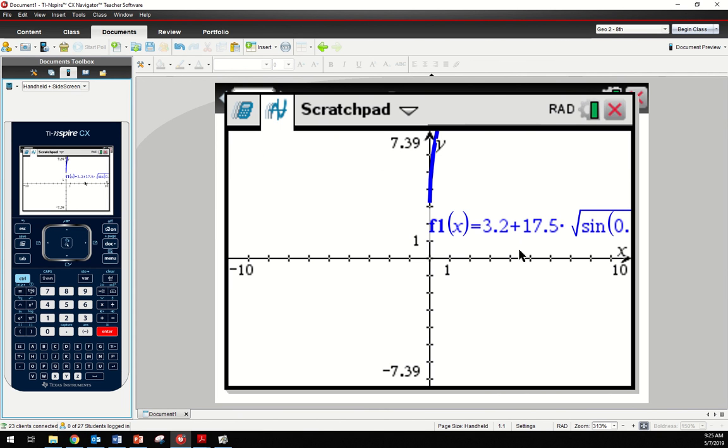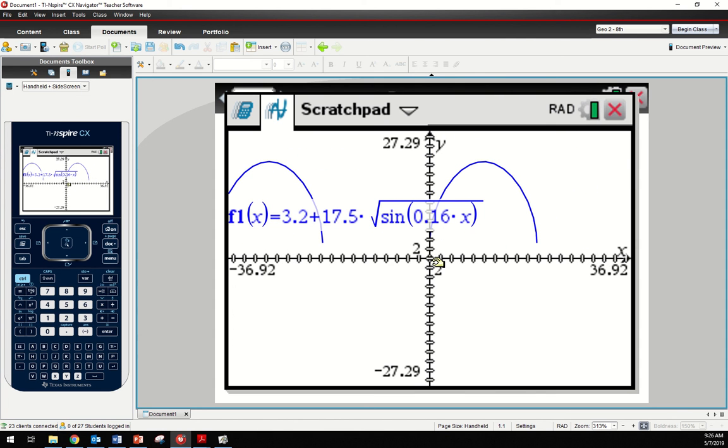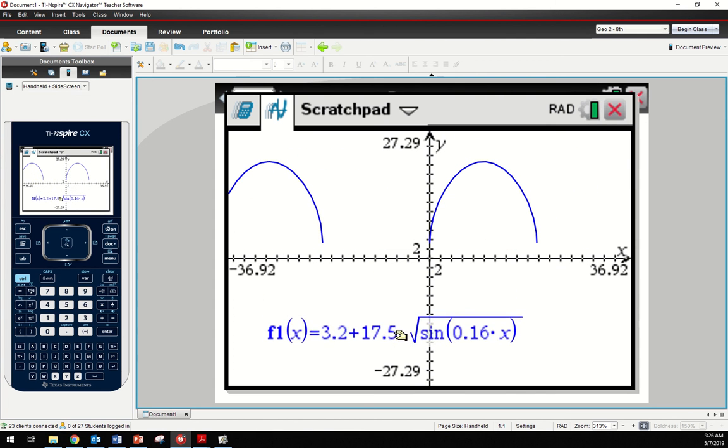So I'm trying to find the value at 6, right? I know it's going to be right about here, way up there. Let me see if I could pull this bad boy down. Right there, so I have the graph and I can see it.